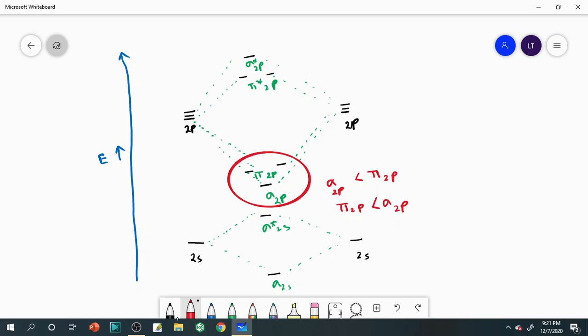And this energy level diagram which I have already drawn here is, say, case 1, and this is case 2.